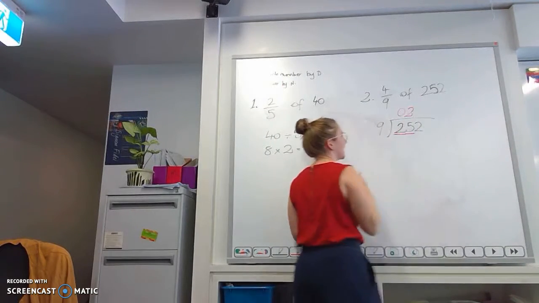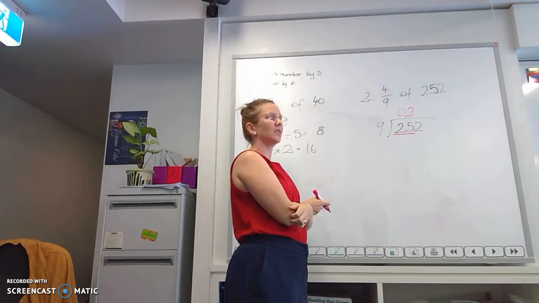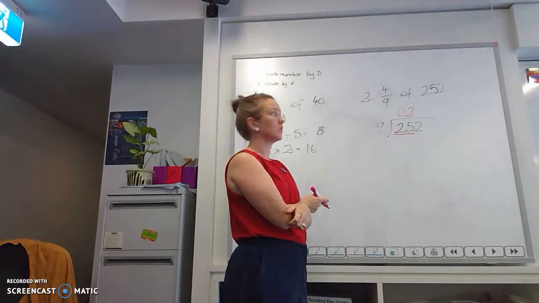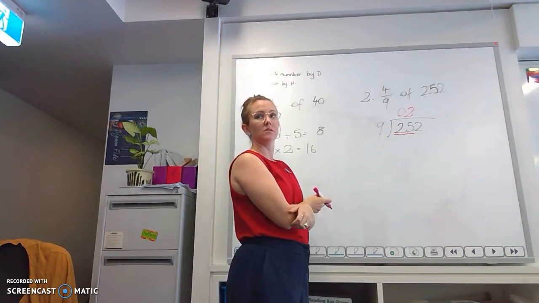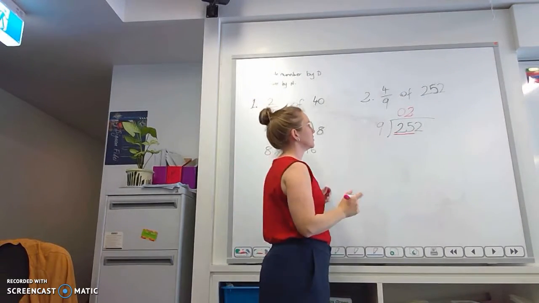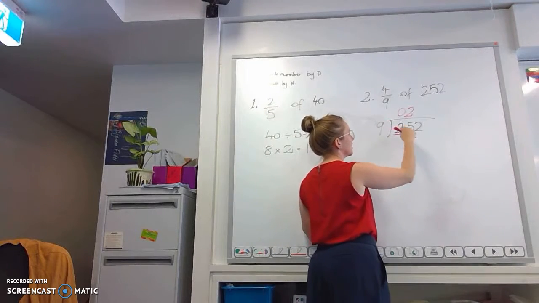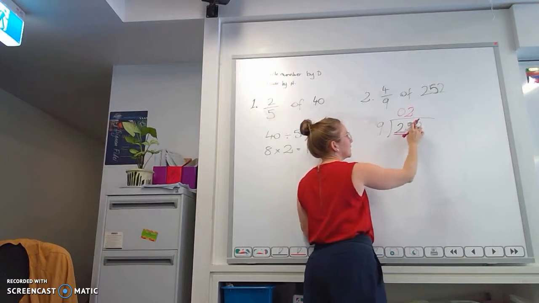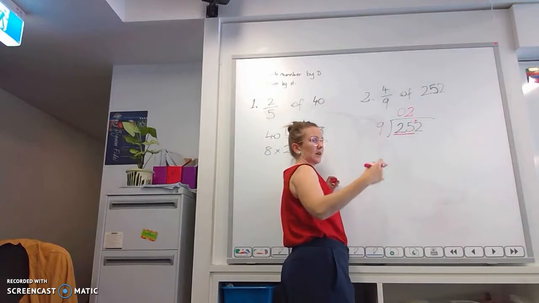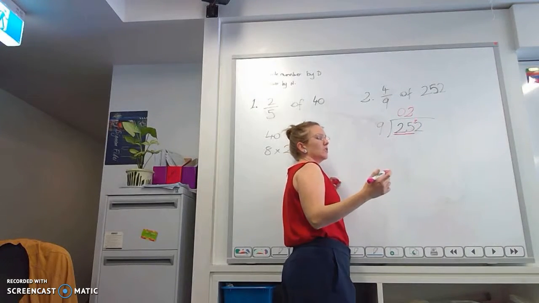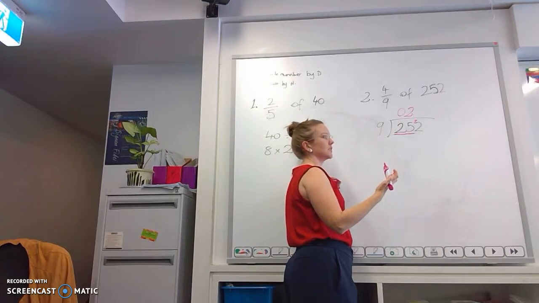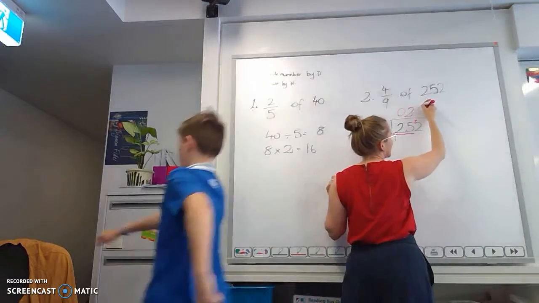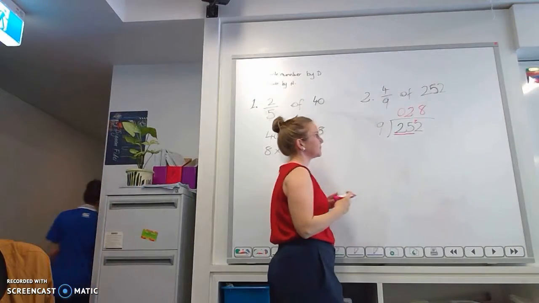So twice gets me to 18. 3 9s would get me to 27, so that's too far. So 2 9s are 18, so I have 7 left over. And I put my little 7 up here next to my 2, and then that becomes 72. Awesome. So how many times does 9 fit into 72? 8, exactly. How about that?